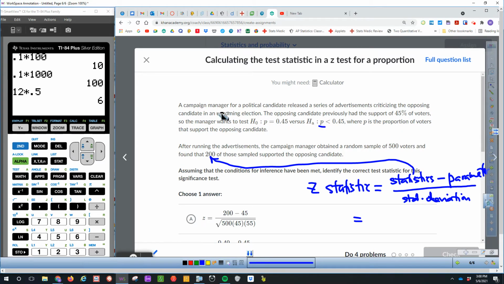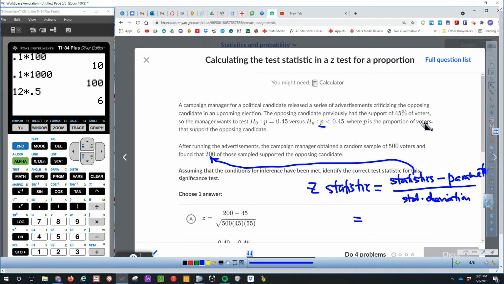So a campaign manager for a political candidate released a series of advertisements criticizing the opposing candidate in an upcoming election. The opposing candidate previously had the support of 45% of the voters. So the manager wants to test the null hypothesis that the population proportion equals 0.45 versus, right after the advertisement, did the voting popularity go down? Is it less than 0.45?